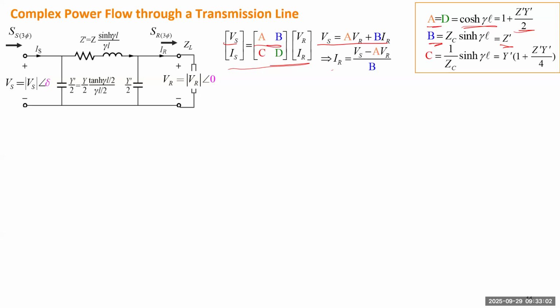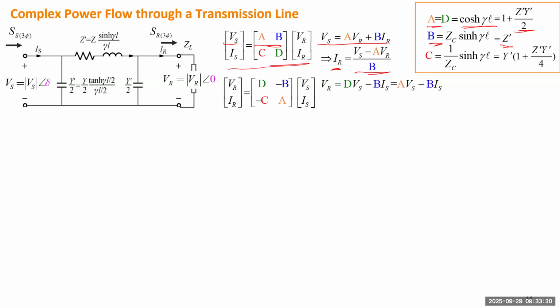So then we can know the load current can be represented by a linear function of Vs and Vr, utilizing the coefficients A and B. Similarly, we can utilize the inverse transformation from the source voltage and current to the load voltage and current.